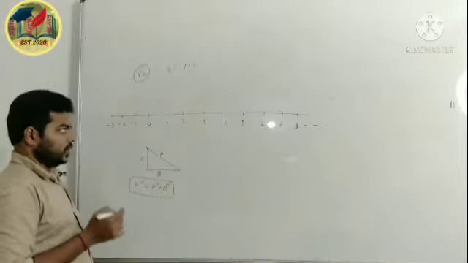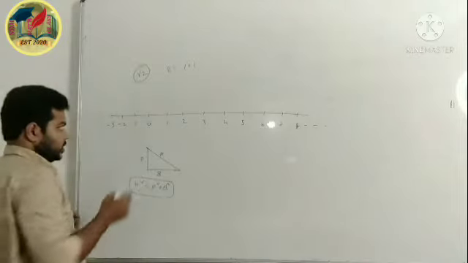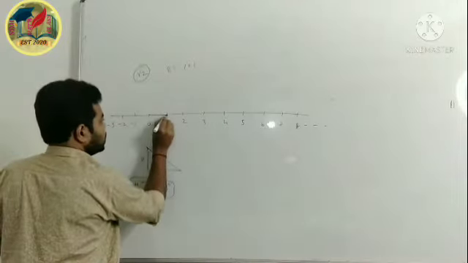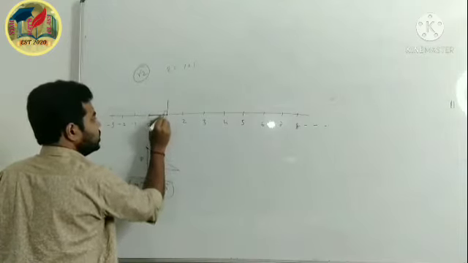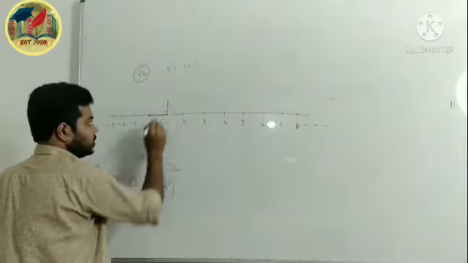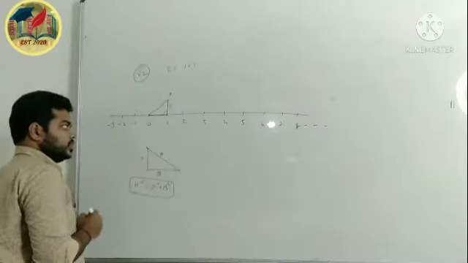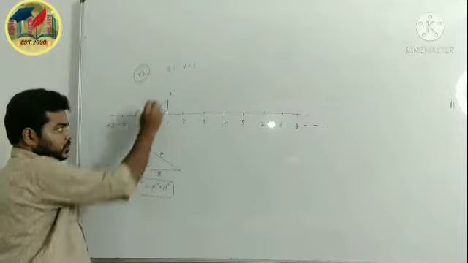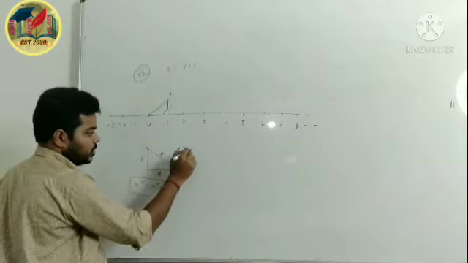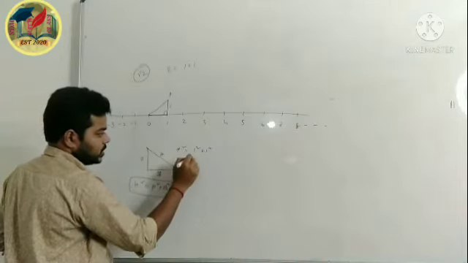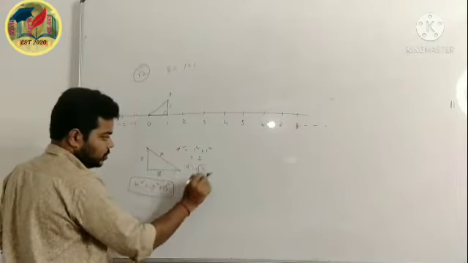Now we consider a right angle triangle whose base is 1 and perpendicular is 1. Suppose this base is 1 and we draw a perpendicular on this line, and the perpendicular is 1, and join O and P. Suppose we consider this point as P. So this is the hypotenuse of this triangle, and hypotenuse square equals 1 square plus 1 square, that is 2, so the hypotenuse equals root 2.